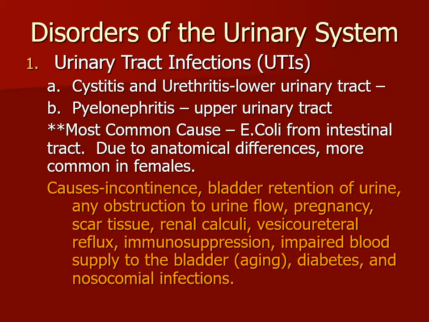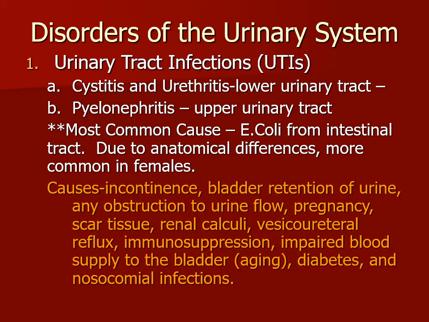So it's a resident flora of the intestinal tract, and it's more common in females due to anatomical differences, because females, wiping back to front, can transport these microbes from the anus into the area of the urethra, and they can migrate into the urinary passageways and cause problems. Men tend not to have this problem due to their structural differences.